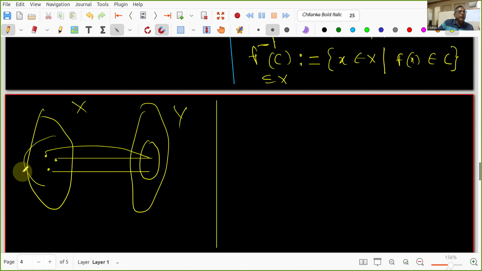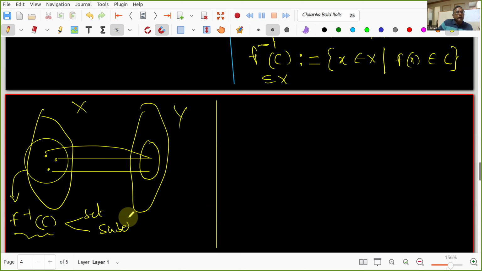This quantity is called f inverse of C. It is a set first, a subset of X. Which elements does it contain? Those x such that f of x belongs to C.